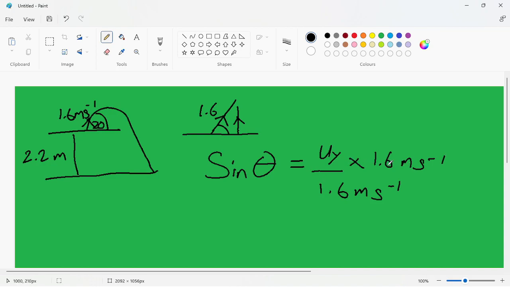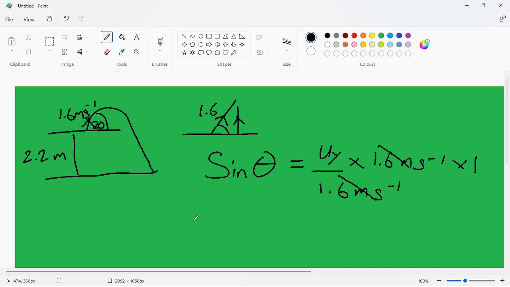The 1.6 will cancel out, and we get 1. 1 times uy is uy, because 1 times anything is itself. So we have gotten uy on this side of the equation by itself. Because we multiplied this side by 1.6 meters per second, we have to do the same to this side to maintain the equality of the equation.